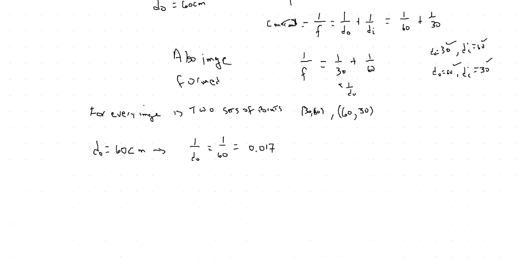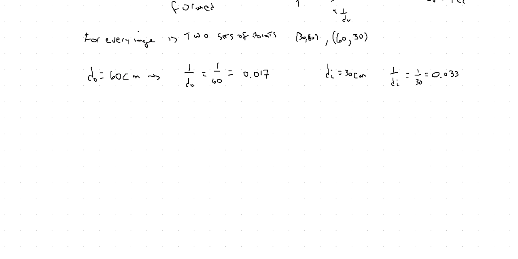If DI is equal to 30 centimeters, then 1 over DI would be 1 over 30. And 1 divided by 30 is equal to 0.033, right? 0.033.